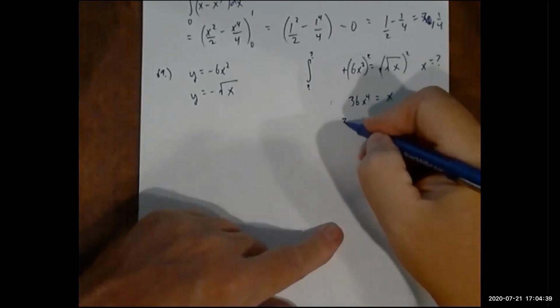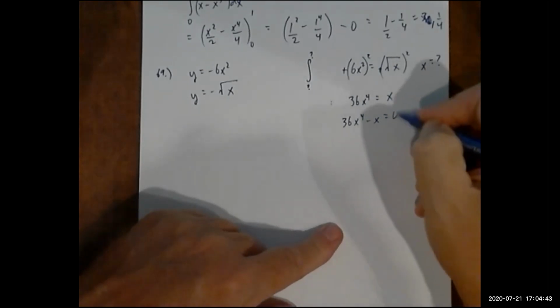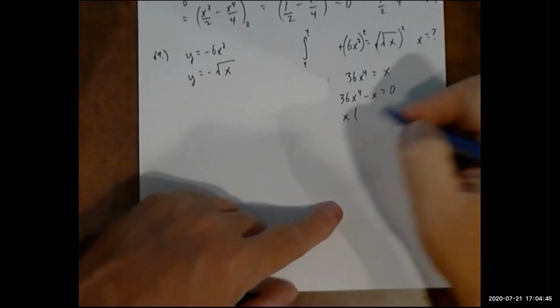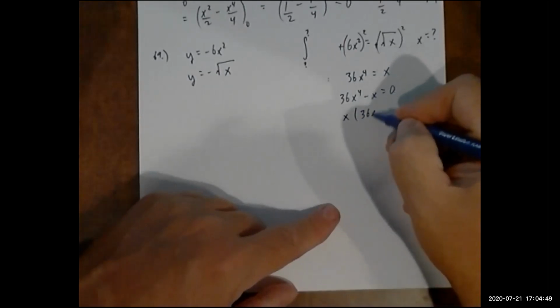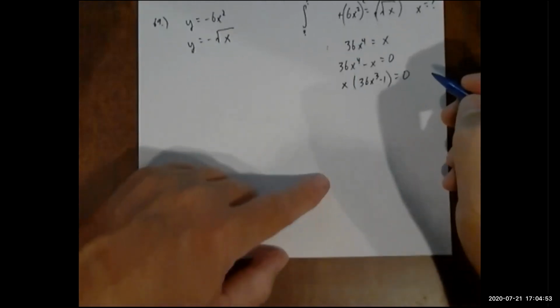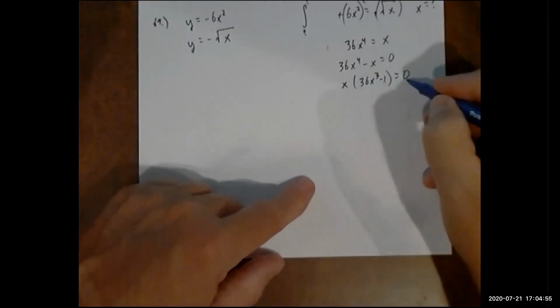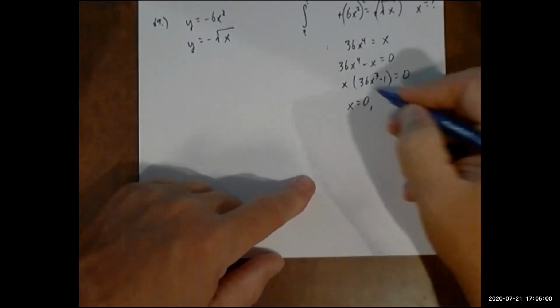So it's a little crazy, but what I'm actually going to do is subtract x from both sides. I'm going to factor out an x. Now I need to solve this. Well, obviously one solution is x equals 0.